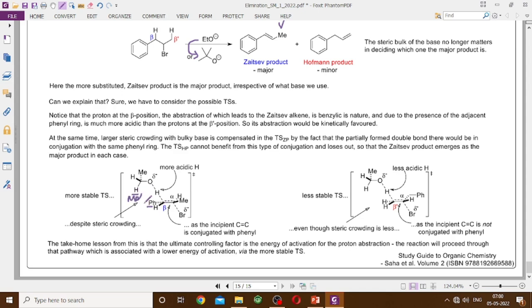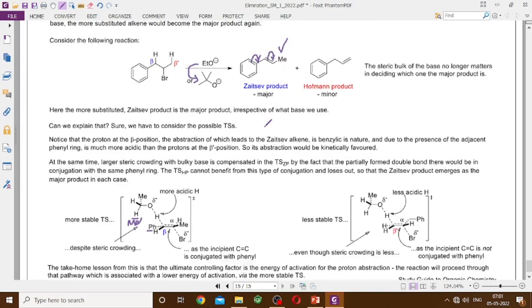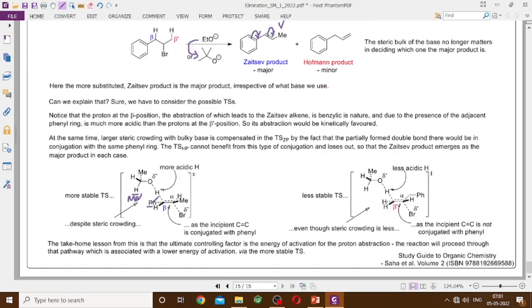But this phenyl group offers conjugative stabilization to the partly formed double bond, just as the product is conjugated, the partly formed double bond is also conjugated with the phenyl. So even if you replace this ethoxide with tertiary butoxide and increase the steric crowding very much, this conjugative stabilization overrides the steric hindrance, and as a result, it is the Zaitsev product which becomes more stable.